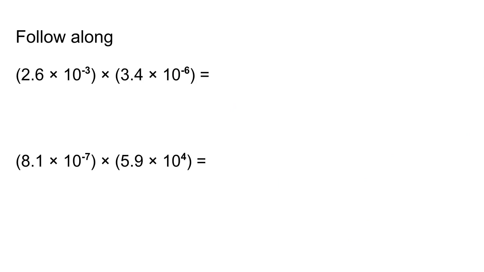Now follow along as I solve these problems. Here I have 2.6 times 10 to the negative 3rd times 3.4 times 10 to the negative 6th. So I need to start by multiplying the coefficients, which gives me 2.6 times 3.4 times 10, and then add the exponents, which are negative 3 and negative 6.